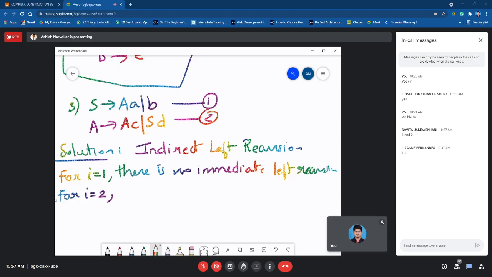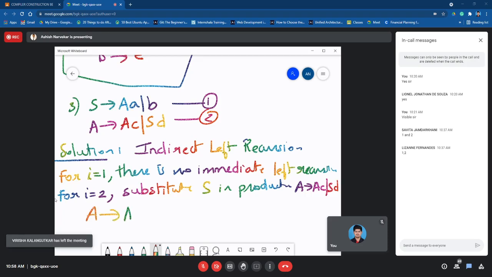So for I equal to 2, what we can do is we can substitute whatever is there in 1. So we can substitute S from 1 in the production A derives AC or SD. So if we do this, we'll get the production A derives AC.